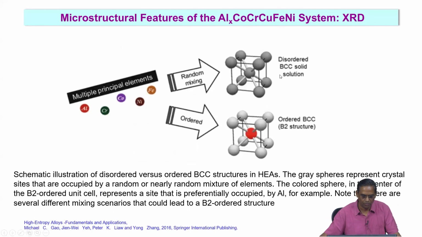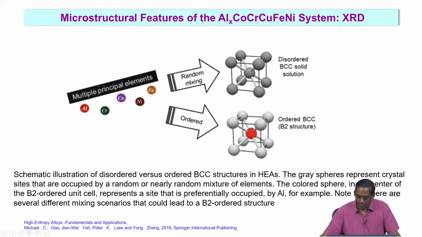Suppose you look at the crystal system, and how these multiple principal elements form a disordered BCC solid solution. If it is a random mixing, then it forms a disordered BCC solid solution. If it forms an ordered BCC like a B2 structure, then the crystal structure is like this.